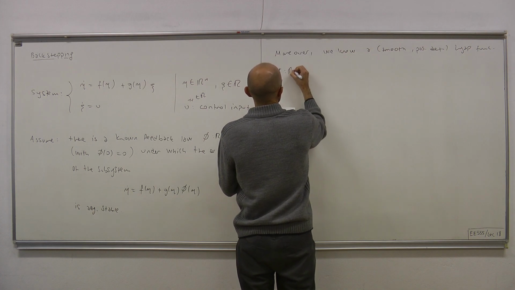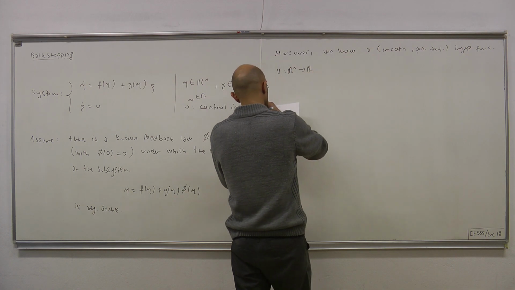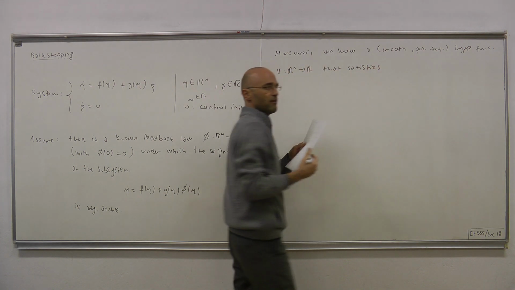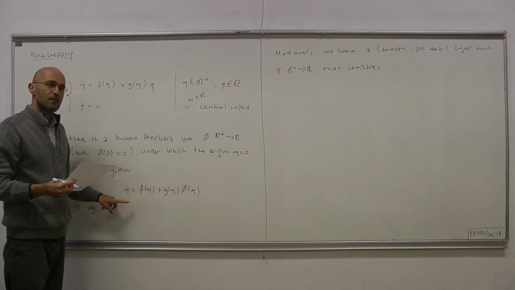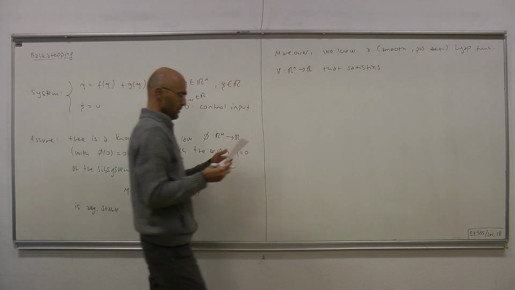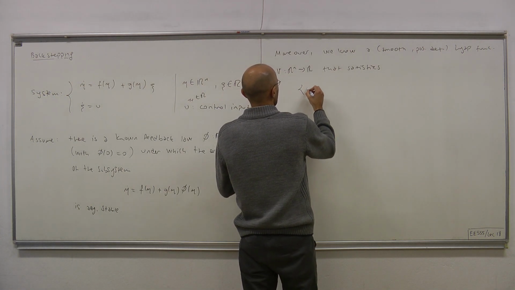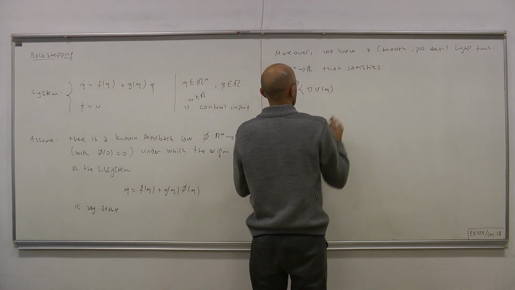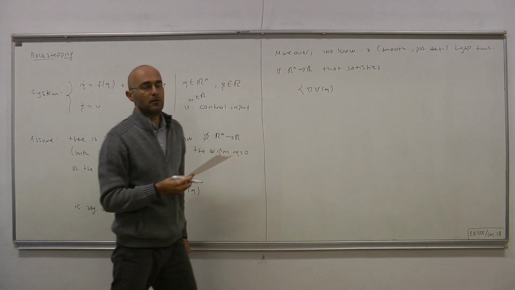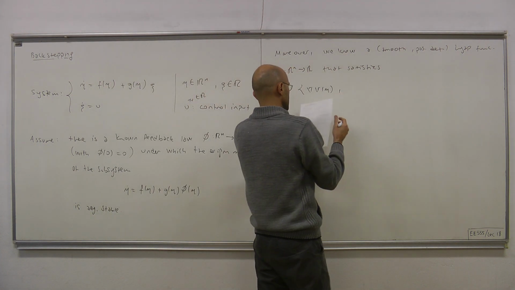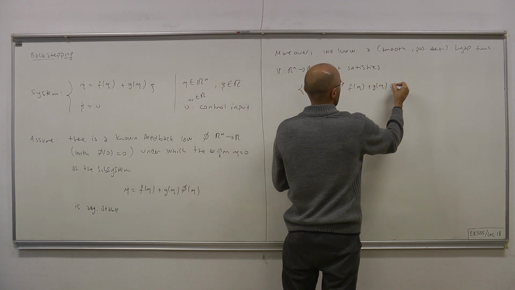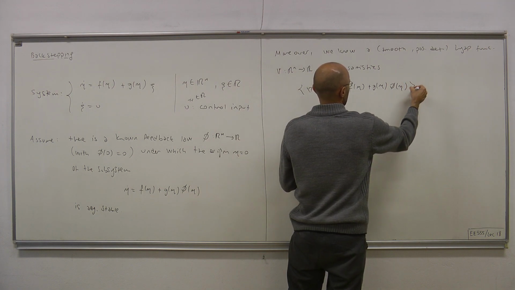V is from Rn to R that satisfies V dot along the solutions of this autonomous subsystem is negative definite. That satisfies that, which is the inner product of the gradient of V with respect to eta and eta dot, or the right hand side, which is f(eta) plus g(eta) phi(eta).